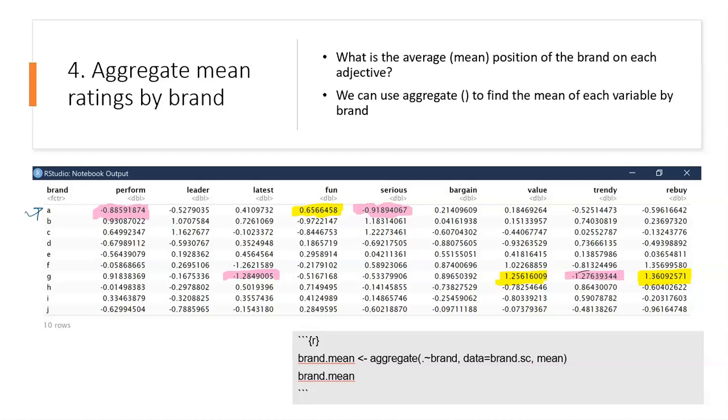We have this dot and tilde, which means it is considering all the variables to be grouped by the categories of brand, because brand is the only factor or categorical variable. So by brand we have aggregated, and we are checking the mean of these variables. For 100 respondents, what they have rated performance on a scale of 1 to 10, we have taken the mean of those 100 respondents. And similarly, we got this table.